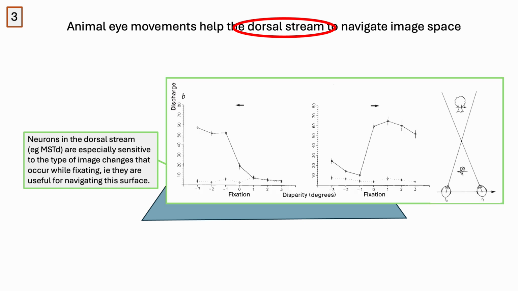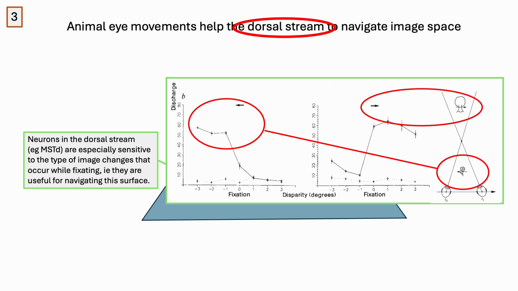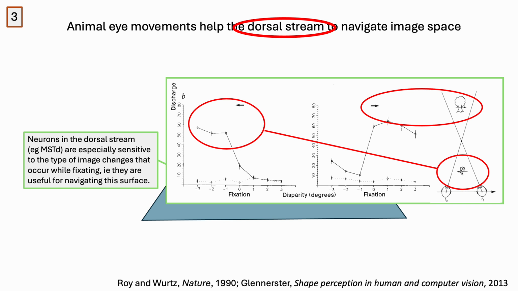So this is a nice experiment that shows how when the observer is fixating and the stimulus is distant, then this neuron responds best to motion to the right. Whereas when the observer's fixating again in the same place and the stimulus is near to the observer, that same cell prefers motion to the left.